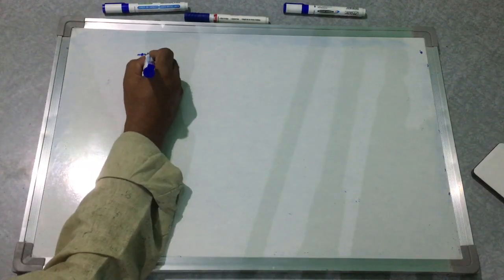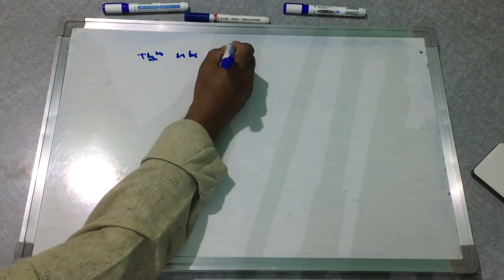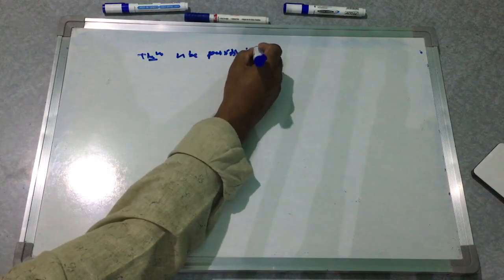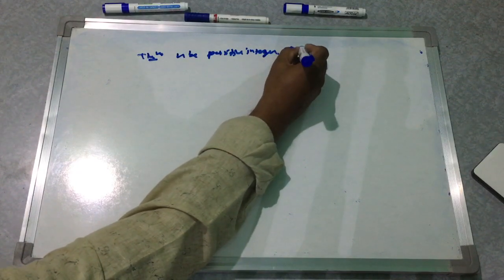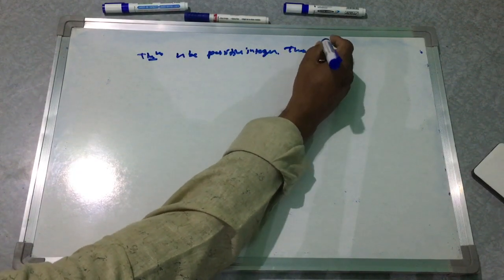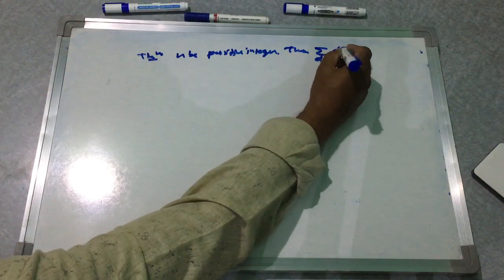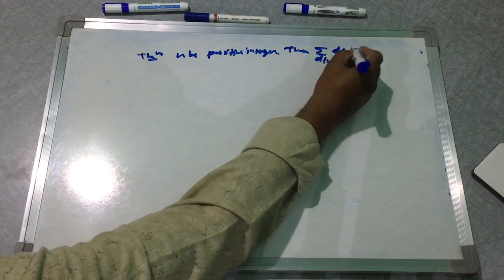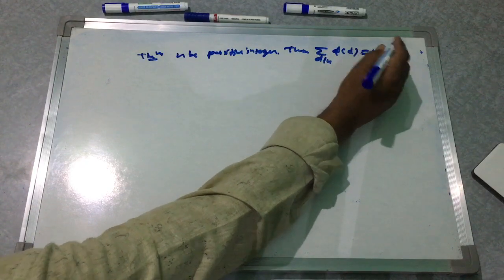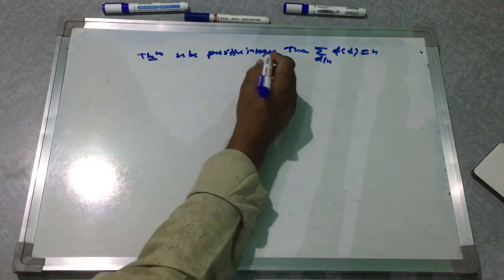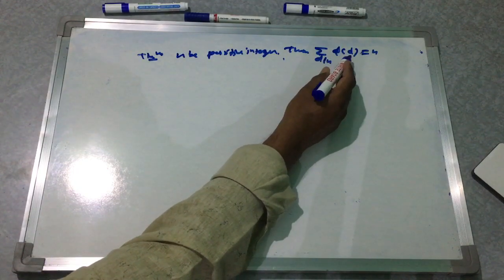Theorem: let n be a positive integer, then the summation over d dividing n of phi of d is equal to n. So n is a positive integer, then the summation of phi of d is equal to n.